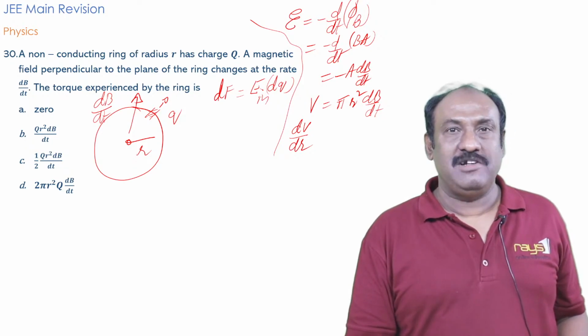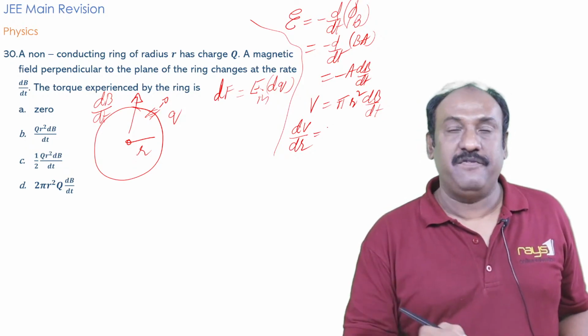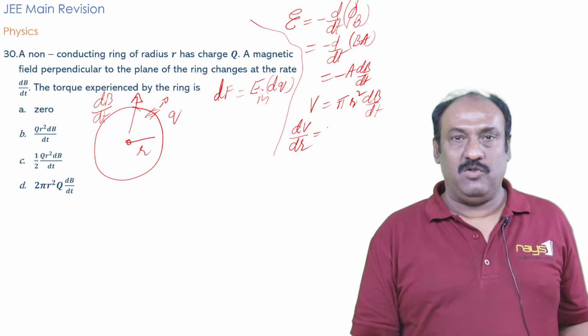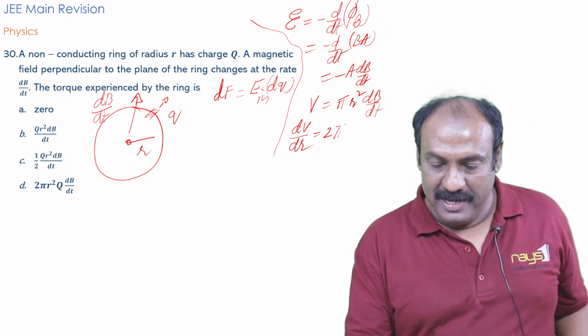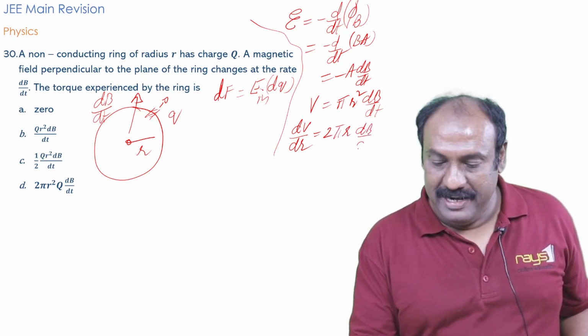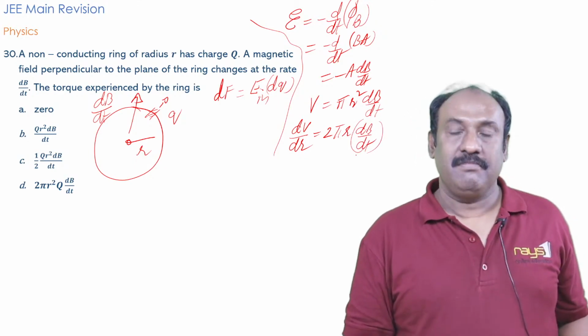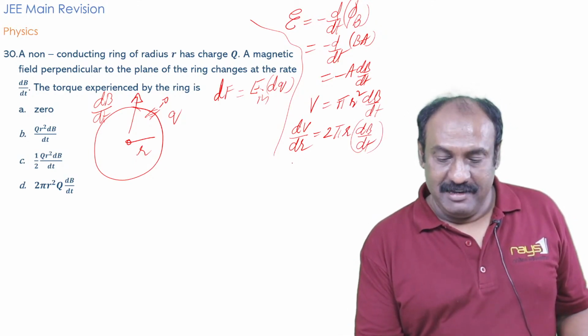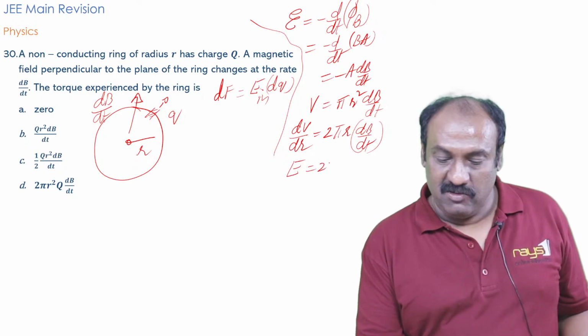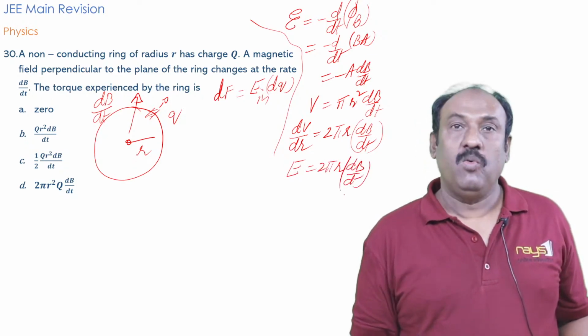By differentiating this equation with respect to position, we get 2 pi r into dB by dt, where dB by dt is constant. So the electric field intensity equals 2 pi r into dB by dt.